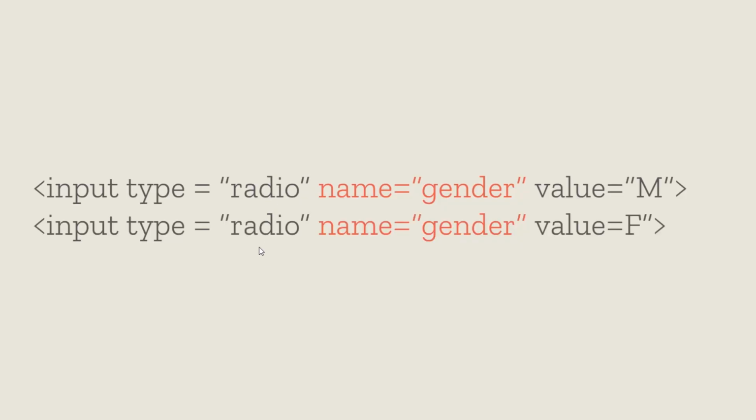So it's a radio type, and this is the name, same name, gender. But the values are going to be different. If somebody clicks on this, the value is going to be M, and if somebody clicks on this, the value is going to be F, regardless of what the label is.